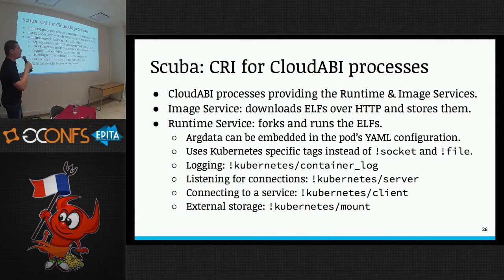So these jobs already run as CloudABI processes on a FreeBSD box. The image service is quite simple. Instead of downloading a fully fledged Docker image, the goal behind the image service is to download an ELF file, a CloudABI executable, and store it in some kind of directory on disk. Then there's the runtime service, and the only thing it basically does is fork and run those ELF files that are being provided.